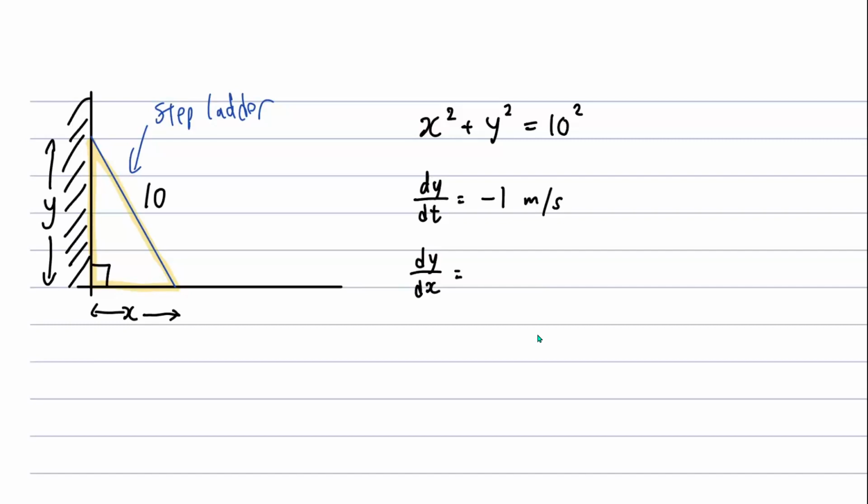Let's say that dx by dt is some value a meters per second. Question, find. Okay, you know what? No, I shouldn't give all this. Don't need to give you anything else. The question is: find dy by dx.